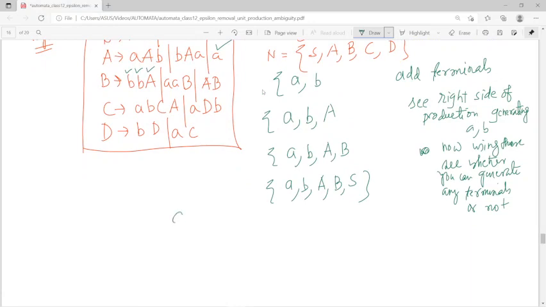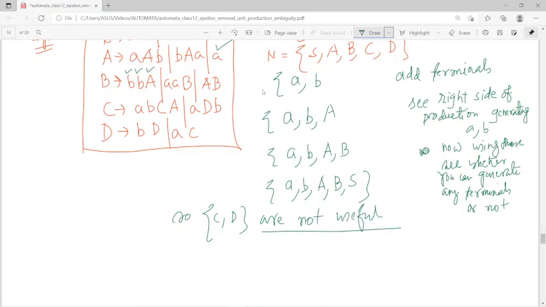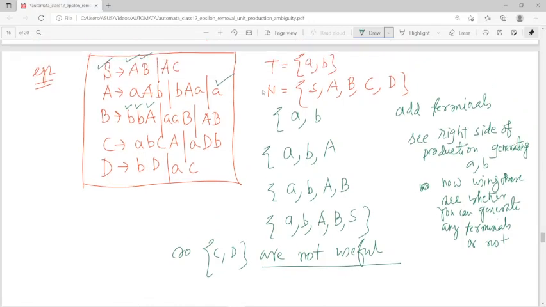So from that you can say that C and D are not useful. Since these are not useful, you have to remove these productions. If you remove these productions, S gives AB, because there is AC, so that is not included.